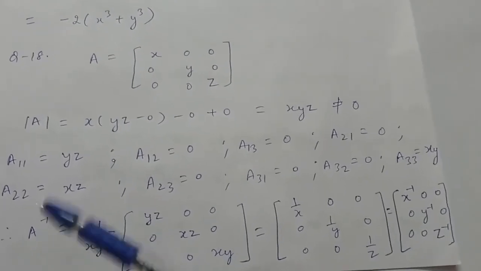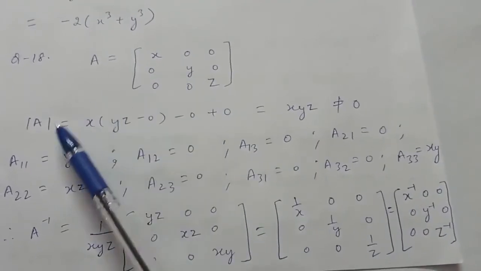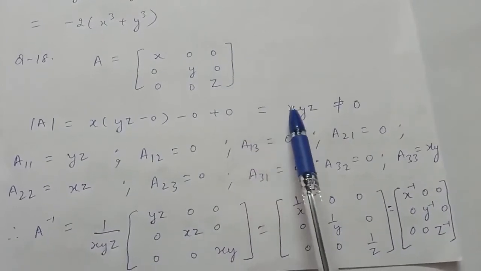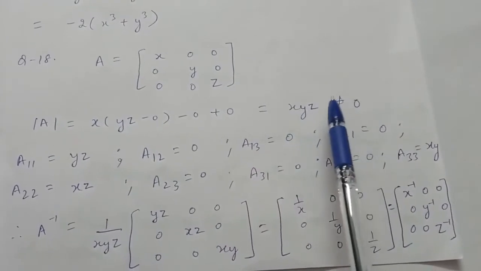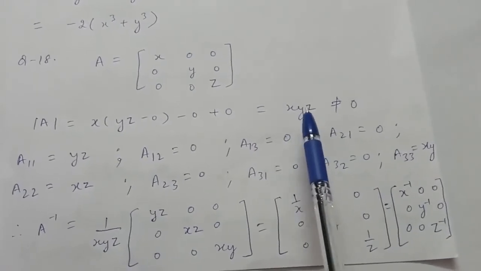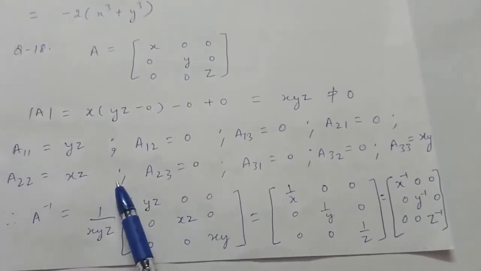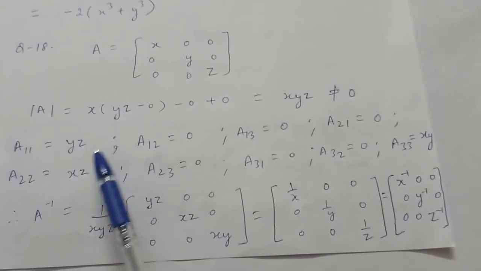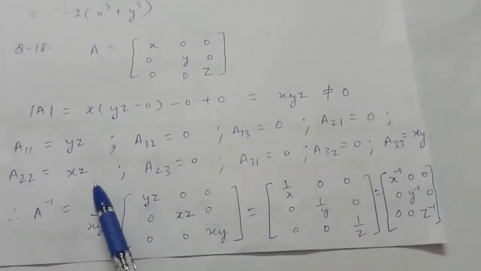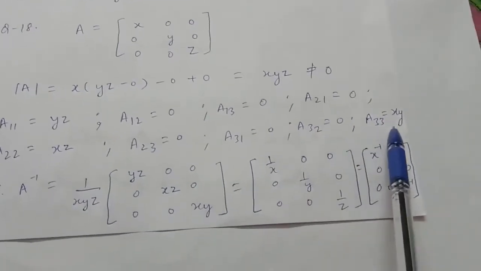Now question number 18. A is this matrix and you have to find out A inverse. So first of all, find out the determinant of A along the first row, which will be xyz, which is not equal to 0, because in the question it is given that x, y and z are non-zero real numbers, right? Now find out the cofactors of the elements of A. So it will be yz 0 0 0, xz 0 0 0 and xy.